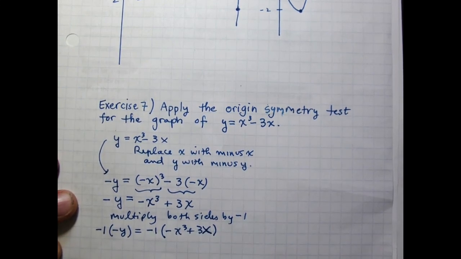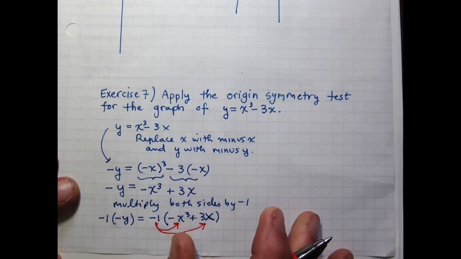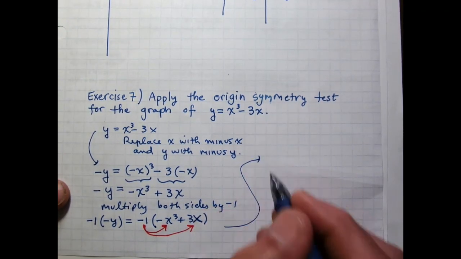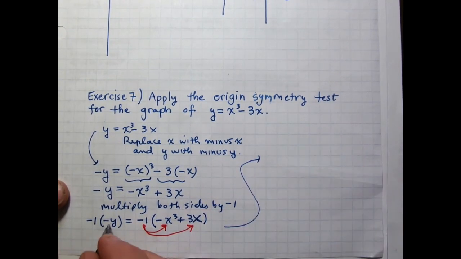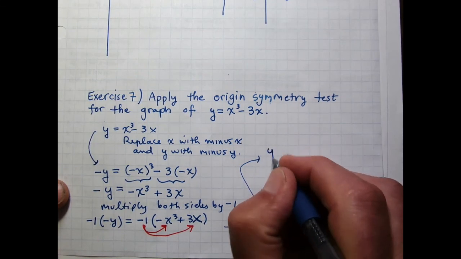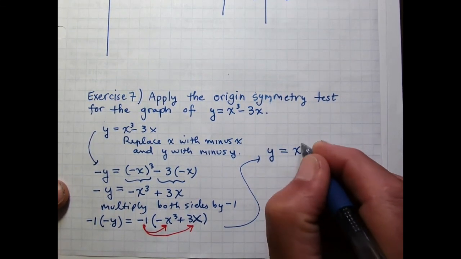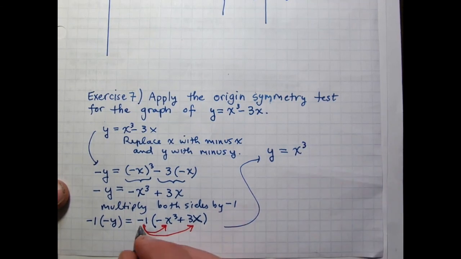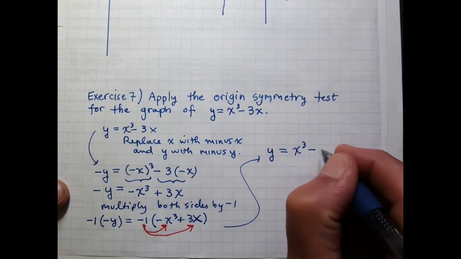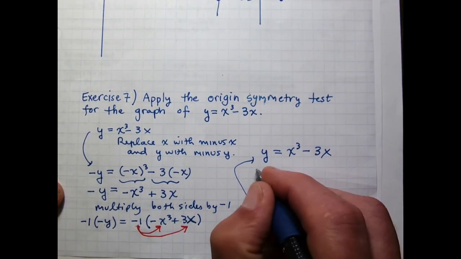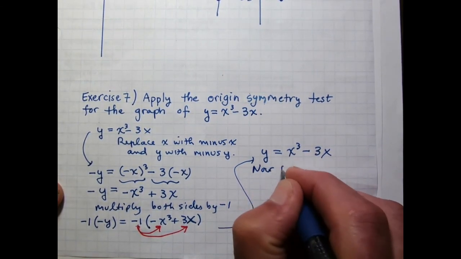To do that on the right, I have to distribute the -1, because there are two terms, so I just want to emphasize that we're distributing. Then I'm going to write the result up here on the right-hand side. -1 times -y is y. When I distribute the -1 on the right, I get positive x cubed, and then negative times positive is minus 3x. Now I have the original equation.